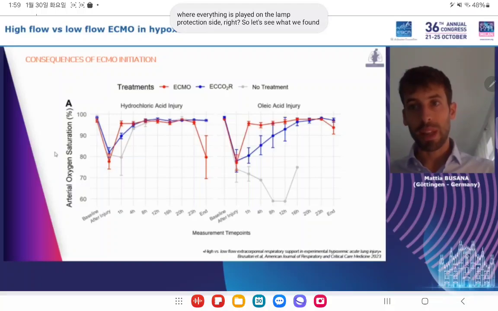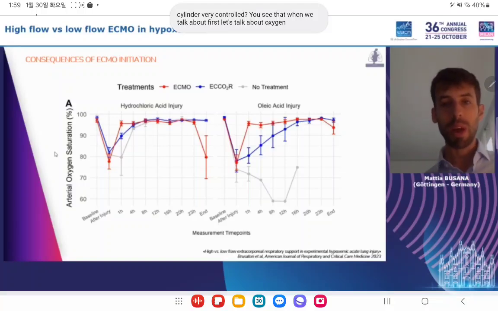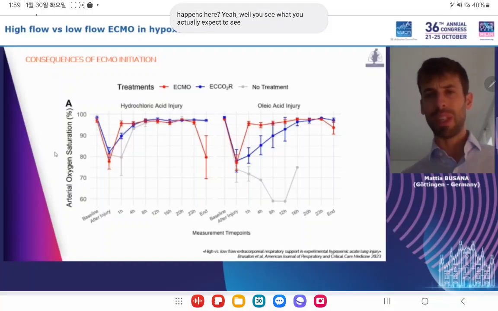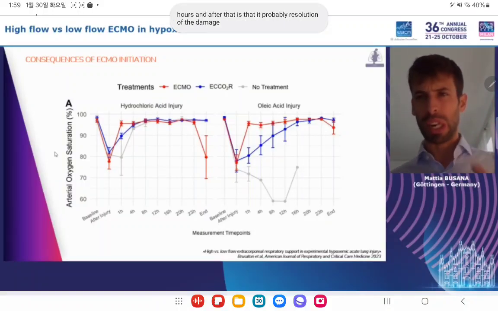This is a very controlled setting, very difficult setting, but very controlled. First, let's talk about oxygenation. You see what you actually expect to see, that for at least some hours, then after there is probably the resolution of the damage, probably hypoxic vasoconstriction.